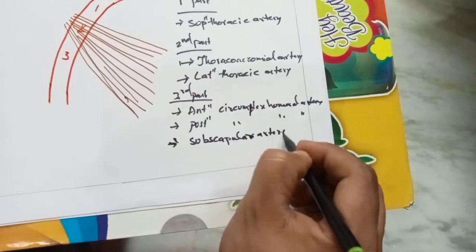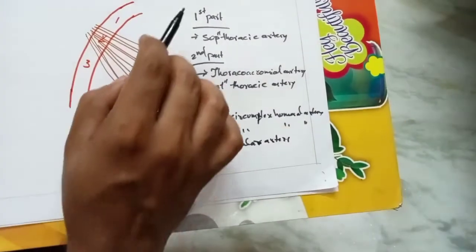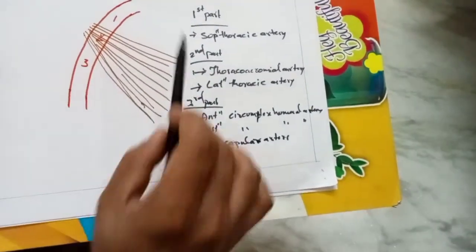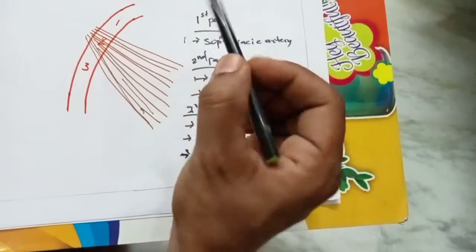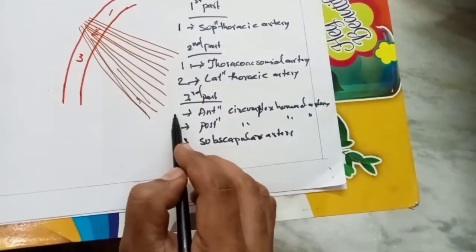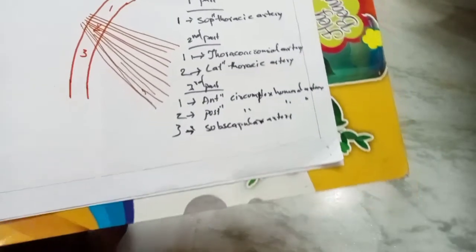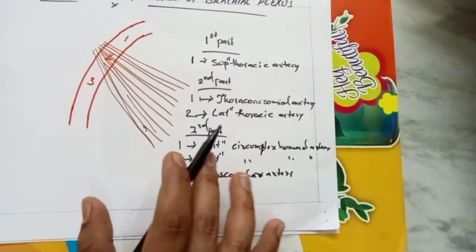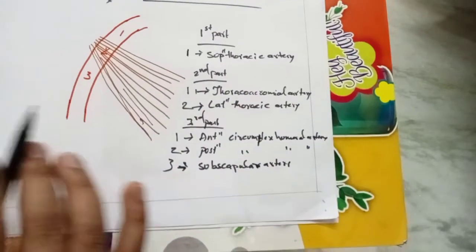So this is how three parts, and these are the branches. From the first part, one branch, from the second part, two branches, and from the third part, three branches. It is very easy to remember the branches of the axillary artery.